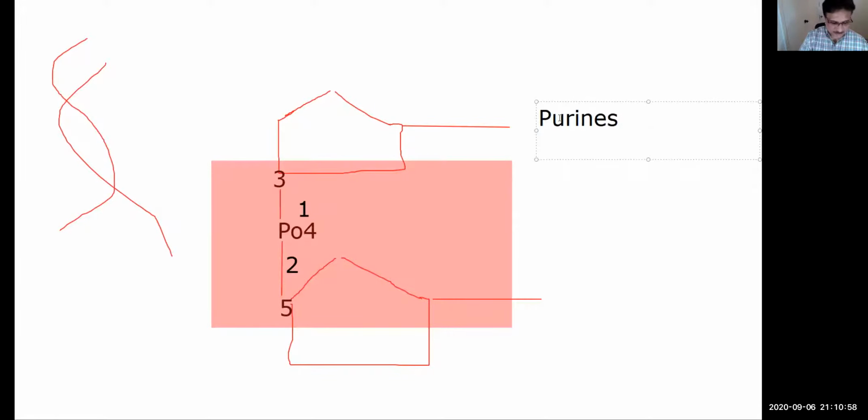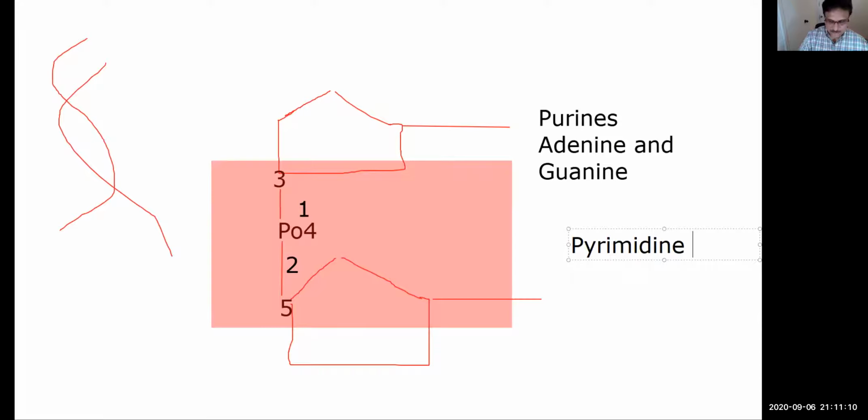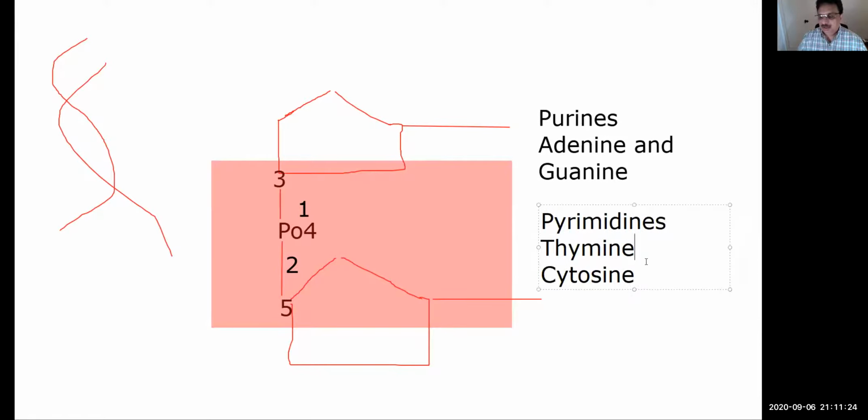Purines are adenine and guanine, and the pyrimidines are thymine and cytosine. Here again, there is a second difference between DNA and RNA. RNA does not contain thymine; instead, it contains uracil.